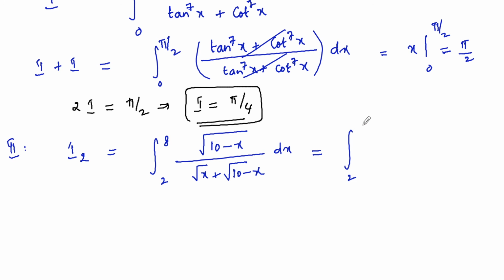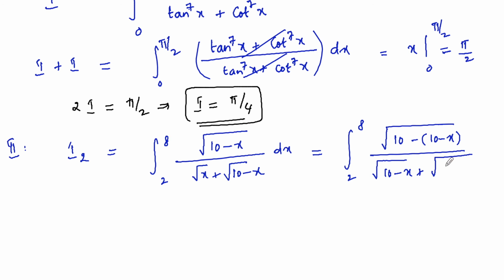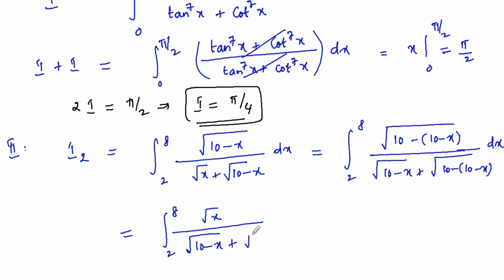So we can write 2 to 8, root of 10 minus (a plus b minus x), that is 10 minus (10 minus x), divided by root of 10 minus x plus root of 10 minus (10 minus x) dx, which is equal to integral 2 to 8 root x upon root of 10 minus x plus root x dx.